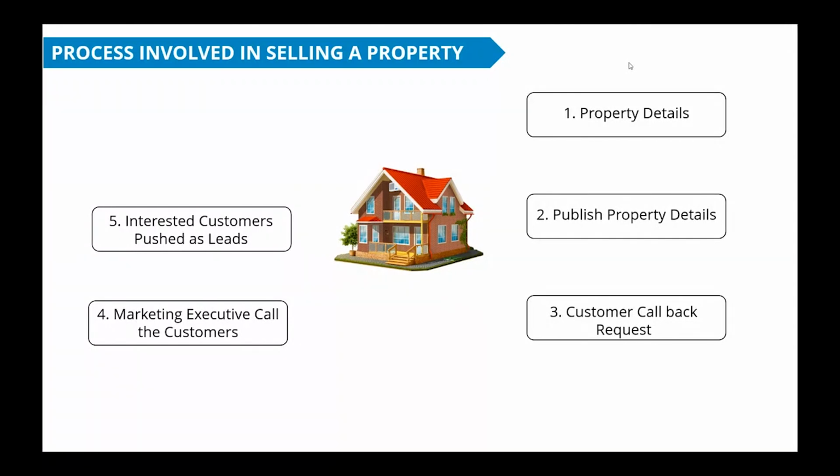So this is where lead generation comes into action. After the customers are pushed as leads, they are taken forward for buying the property. So here selling a property comes into action. This is one general process involved in selling or renting a property, right?